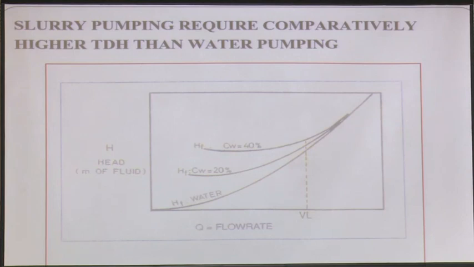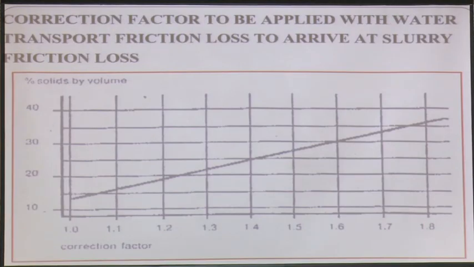And once you know the friction loss, then you have to do this correction factor, percent solids by volume, use these factors, take it wherever it is coming. In fact 35% should be used for 40 and use this value, right. Multiply that with the clear water. So, you will get your slurry friction head drop.